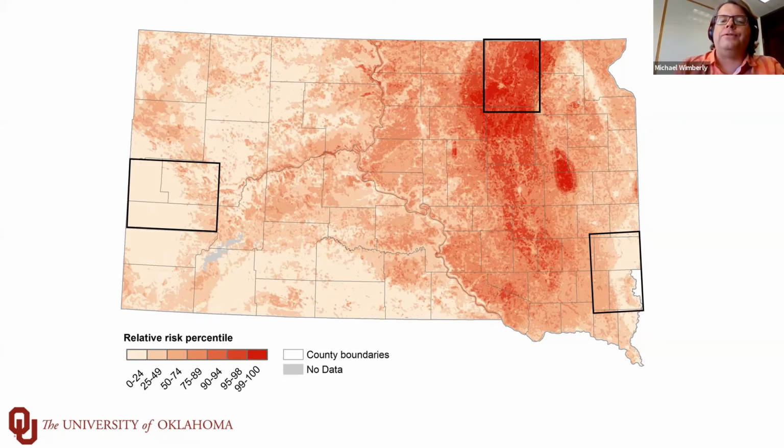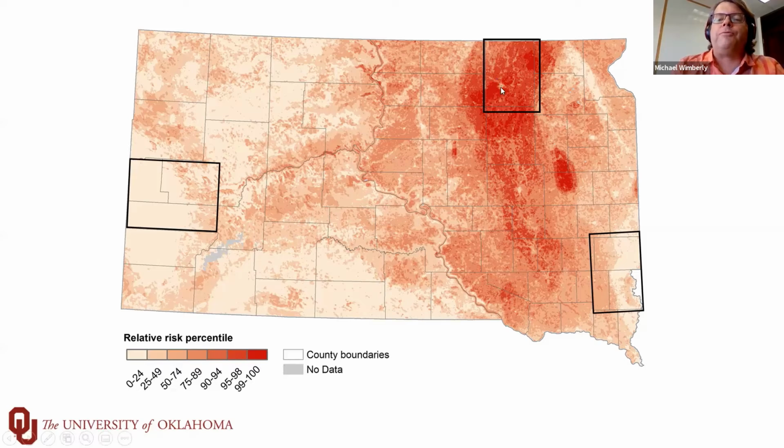And I would just point out that these three rectangles, Aberdeen up here in the north, Sioux Falls in the east, Rapid City in the west, are the same kind of micro landscapes that I showed you before, but you can see some of the same patterns.